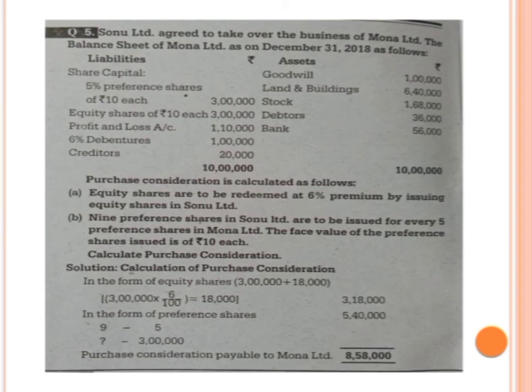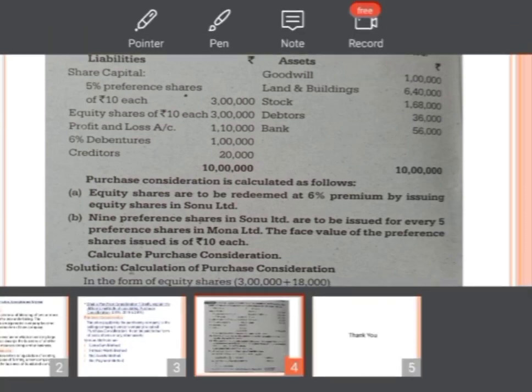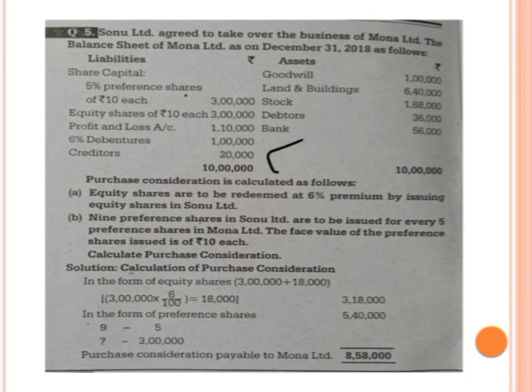Then the second way of discharging the purchase consideration is 9 preference shares in Sonu Limited are to be issued for every 5 preference shares in Mona Limited. Here you have to do the cross multiplication. It is stated that for every 5 preference shares in Mona Limited, they are going to issue 9 preference shares in the new company. We have to identify the number of preference shares we have right now.